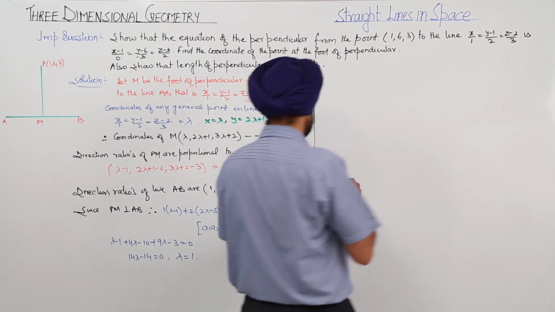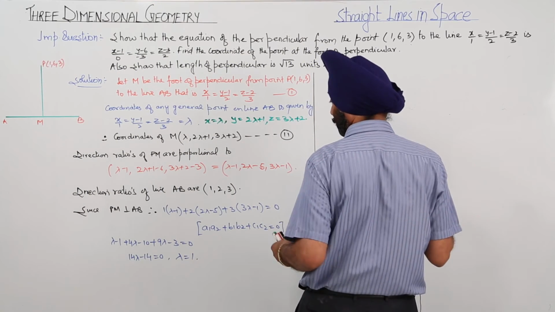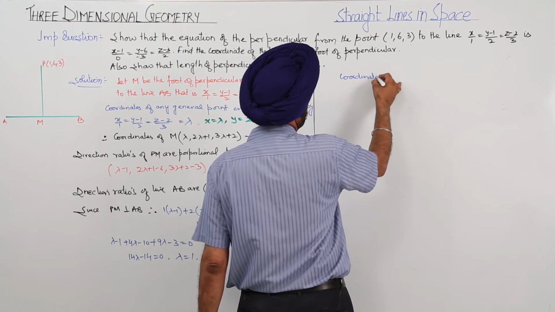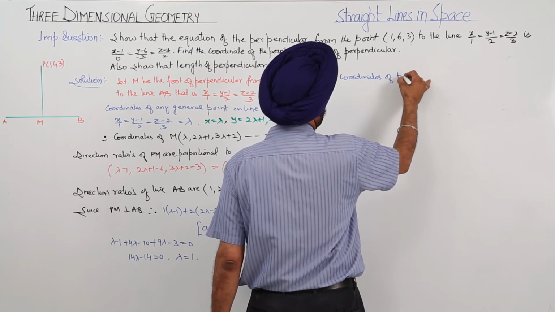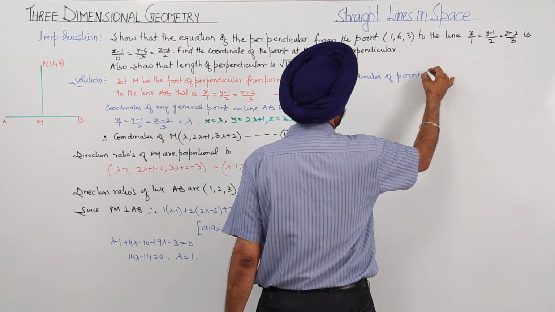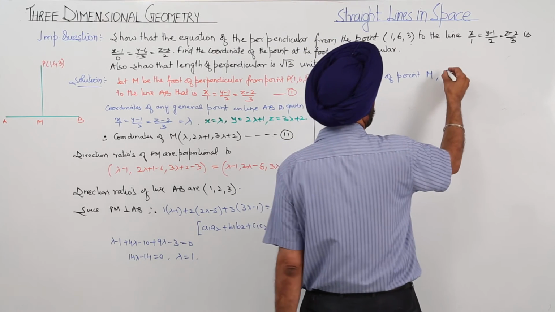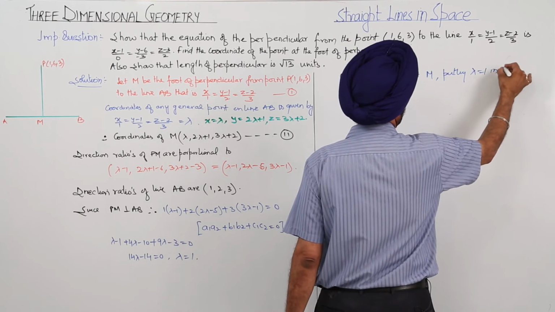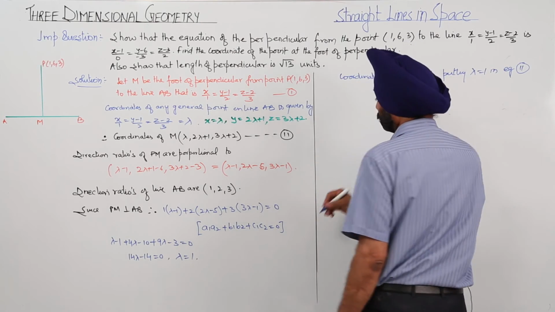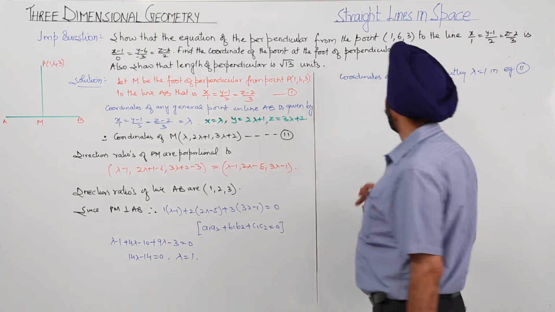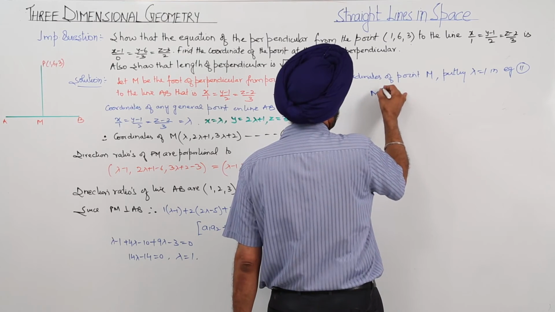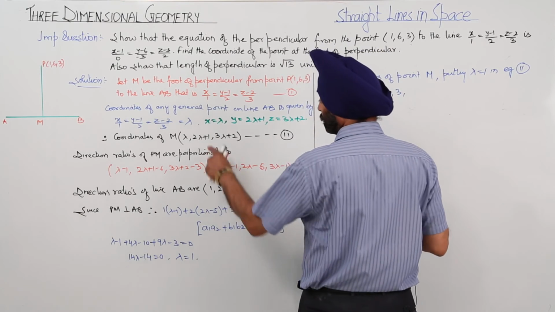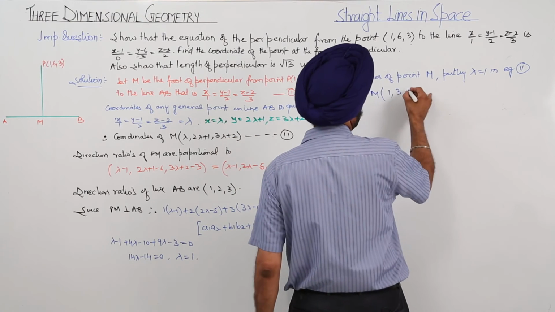Now the coordinates of point M: putting lambda is equal to 1 in equation 2, we get M as 1 comma 3, 2 times 1 plus 1 is 3, and 3 times 1 plus 2 is 5.